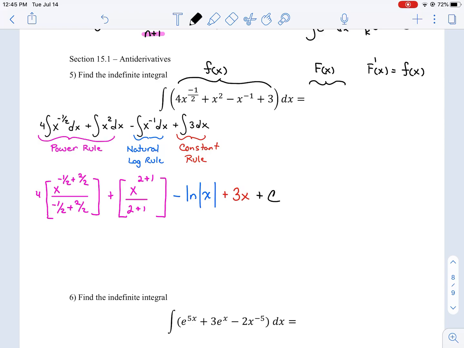Okay, so after cleaning this up a little bit, what we have is the following. And when you take a number and divide by a fraction, you have to multiply by the reciprocal.